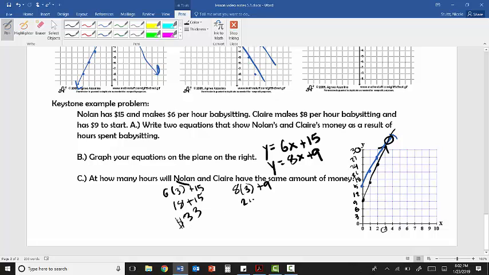And then we're going to get 24 plus 9, which is very conveniently also 33. So 3, 33 is the exact point where these intersect. Usually we use the graph to the best of our ability, and we estimate. It looks like they cross between maybe 3 and 4 hours, and we just go from there.